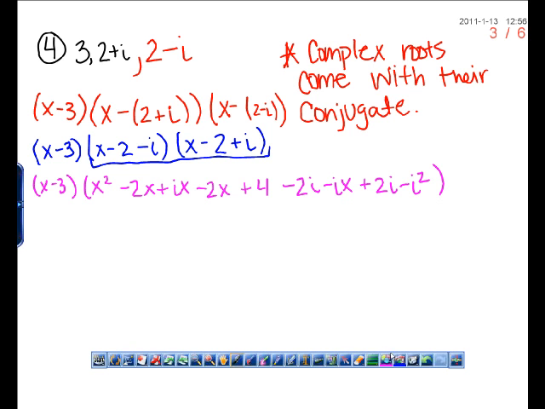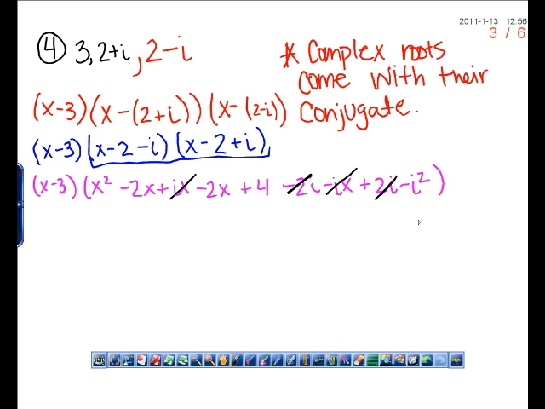Let's see what we can simplify here. All right, so we have a plus ix and a minus ix, so those can go away. Is there anything else we can cancel out? Yep, negative 2i and positive 2i. What does negative i squared become? 1.